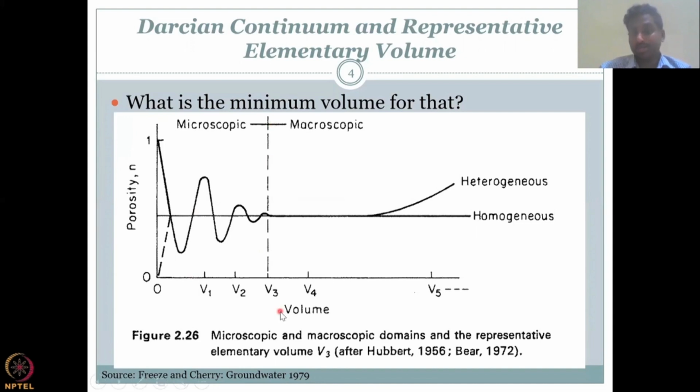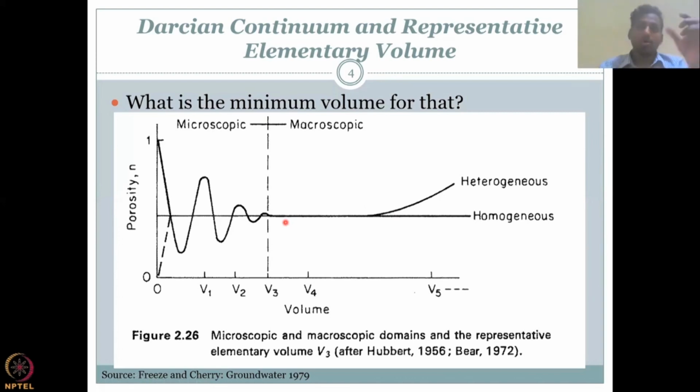So V3 is that critical volume threshold above which the systems become macroscopic, which means all these undulations and noisiness in the porosity between the samples are now able to be averaged. And that is the volume which makes the sample a macroscopic view.